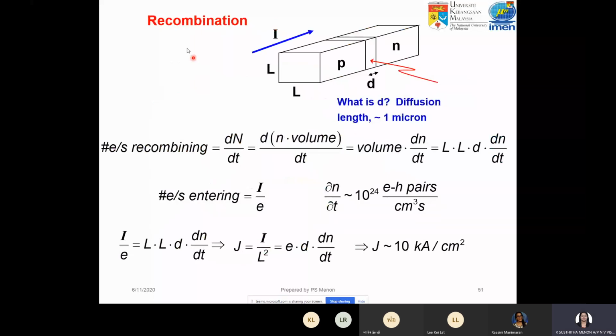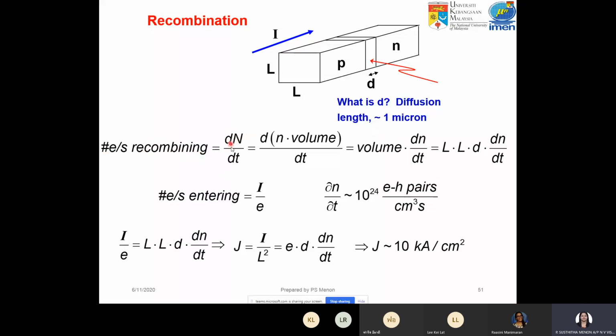So let's look at recombination. All right, just a little physics. If this is the active region and the length of this active region is about 1 micron, holes and electrons need to diffuse about 1 micron. The number of electrons which are recombining, we call it dN/dt.